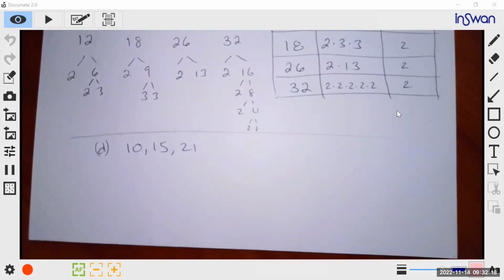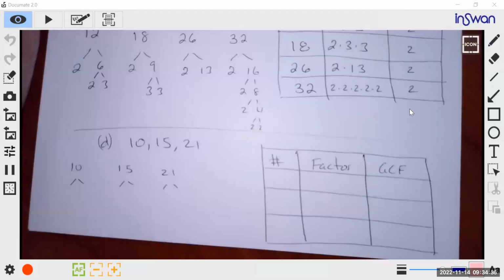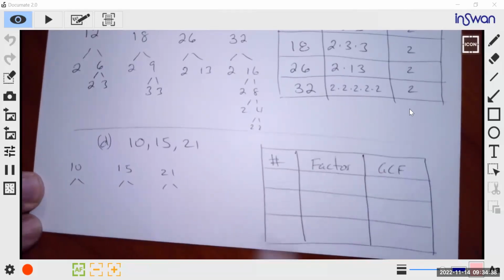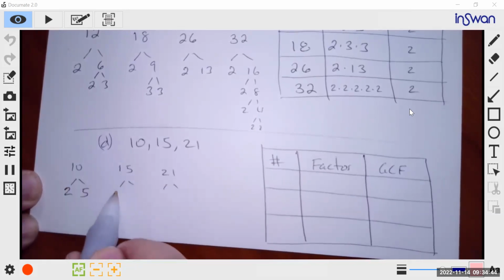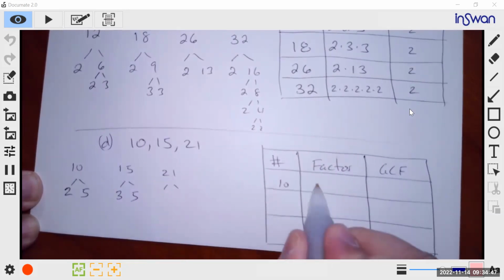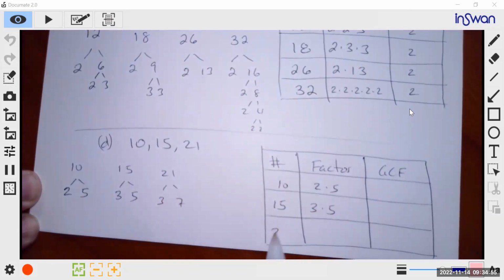Okay. We'll move on after these. All right, so I create my box and I have each number. 10 is made up of 2 times 5. 15 is 3 times 5. 21 is 3 times 7.